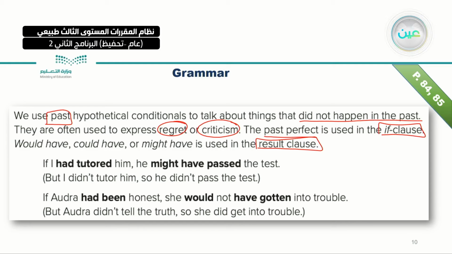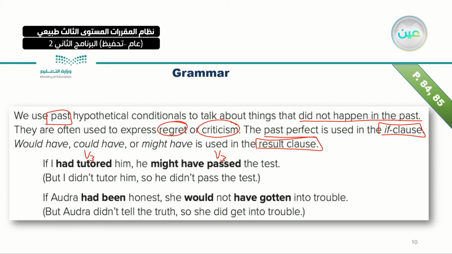Now I am expressing regret. Look, if I had tutored him, had tutored, the past perfect, using the past participle. He might have passed, also V3, the past participle, have passed the test. So I'm expressing regret here.